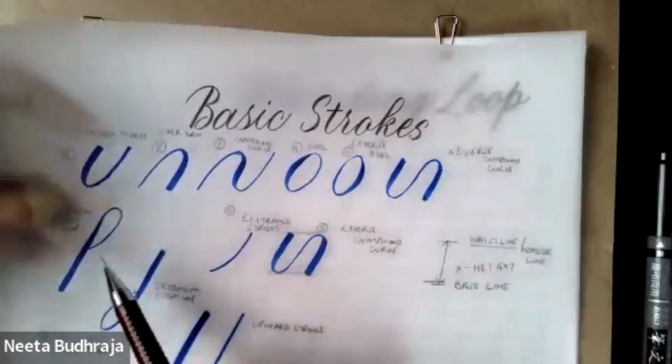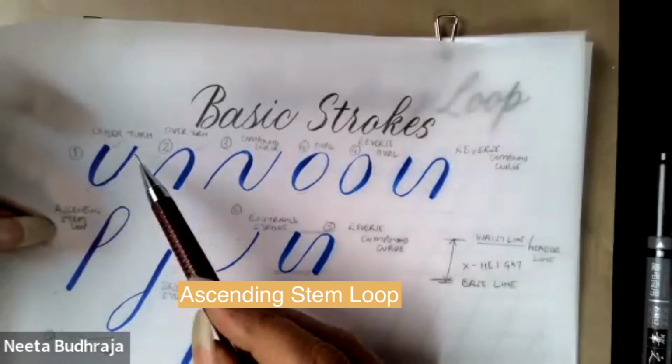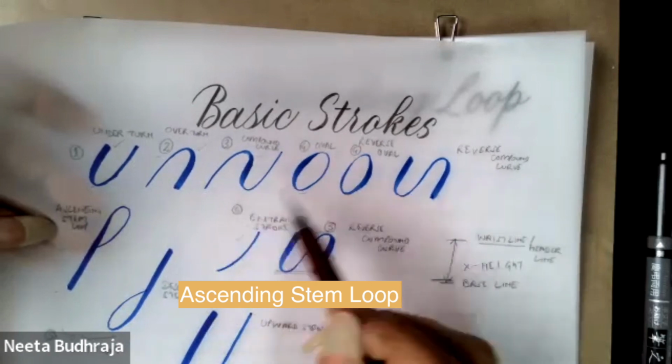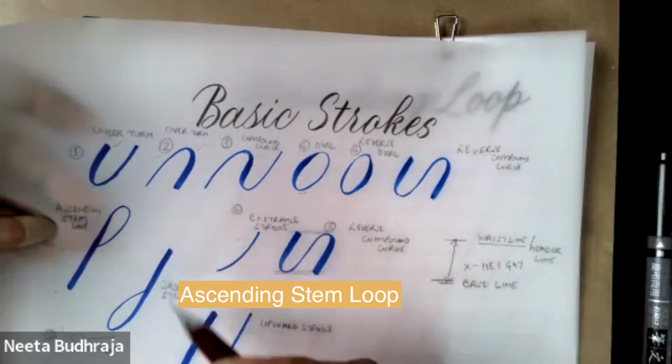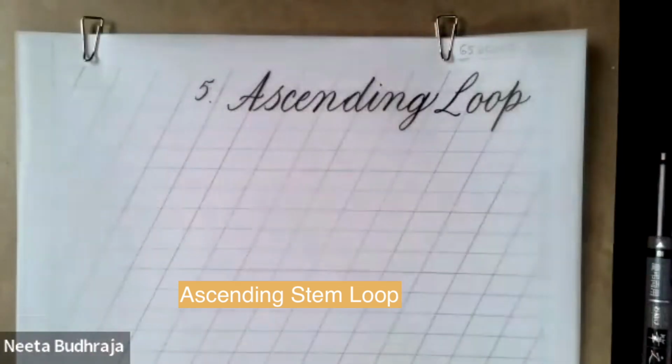Now we are seeing how the ascending stem loop is connected with other strokes, for example underturn, overturn, compound curve, or oval. We are going to see all these combinations in this session, and I am excited about how the ascending stem loop is connected with every other stroke.